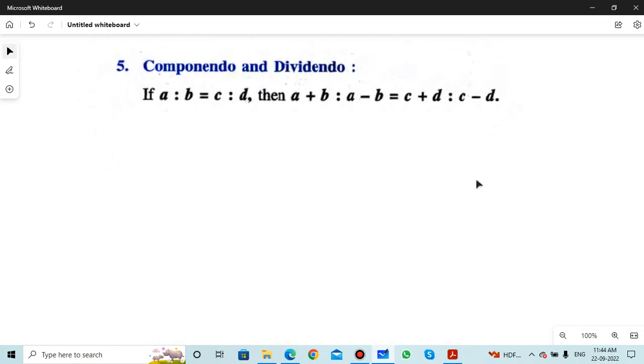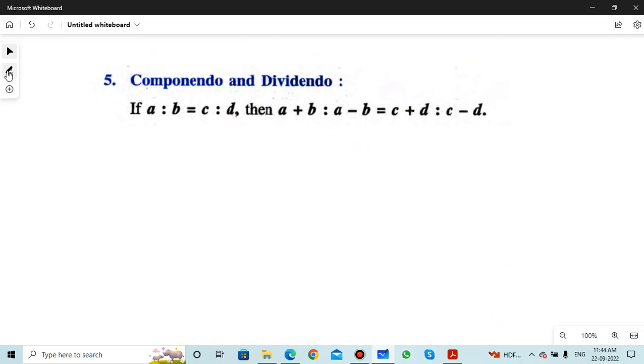Now we can combine both componendo and dividendo together. A upon B is equal to C upon D. We call it componendo and dividendo together.